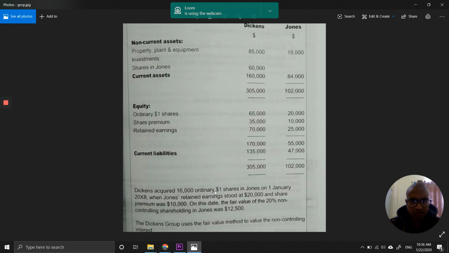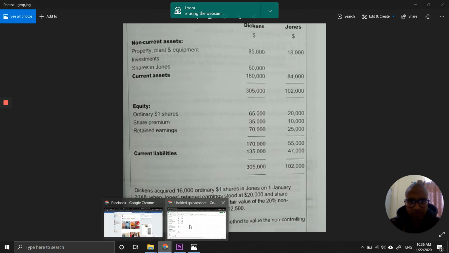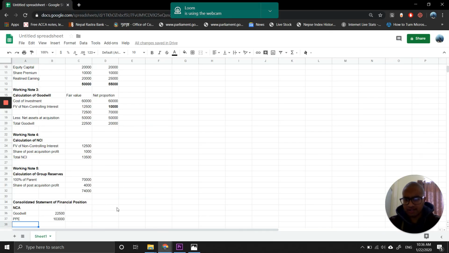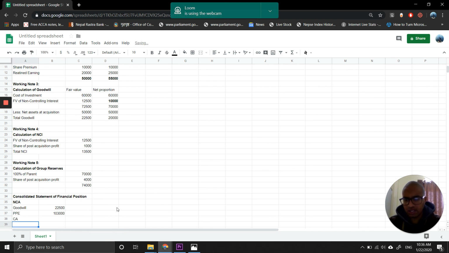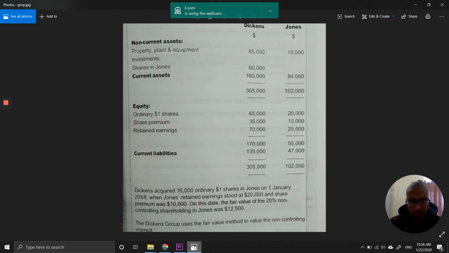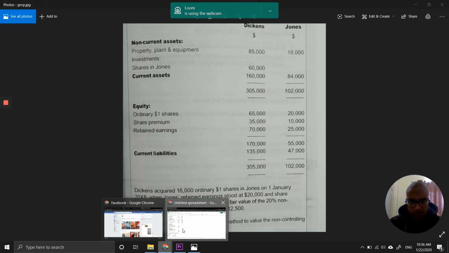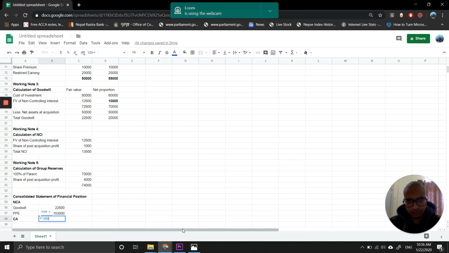And then current assets, 160 plus 84,000.